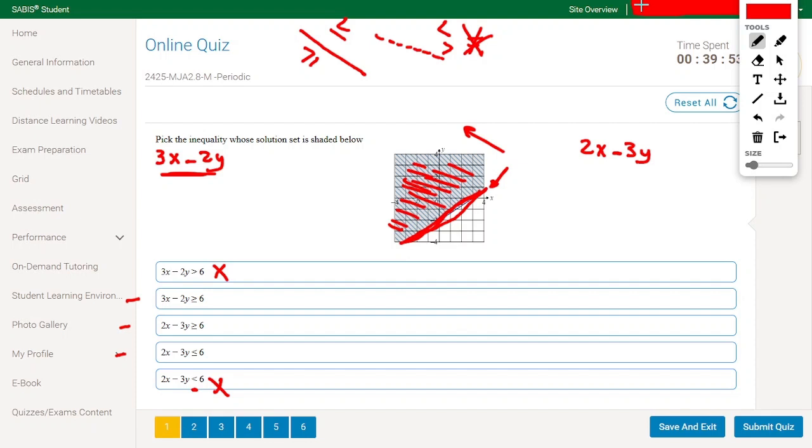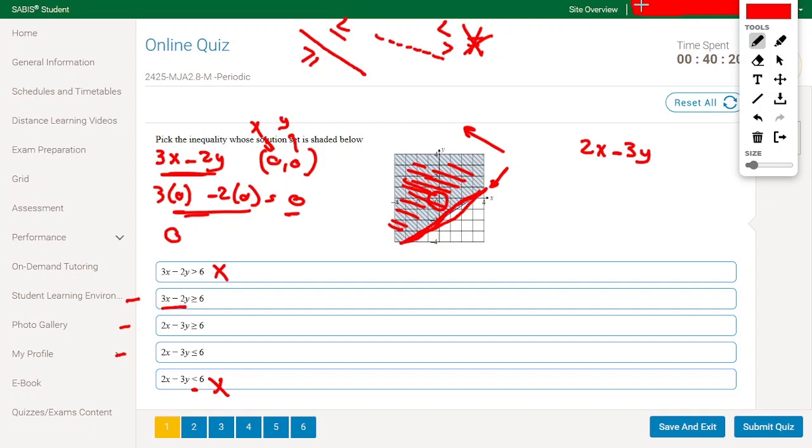So let's take, for example, the point 0, 0. Simple thing. x is 0, y is 0. So we will have 3 multiplied by 0 minus 2 multiplied by 0 equal to 0. So now the left side of the inequality is 0. Now, is 0 bigger than or equal to 6?